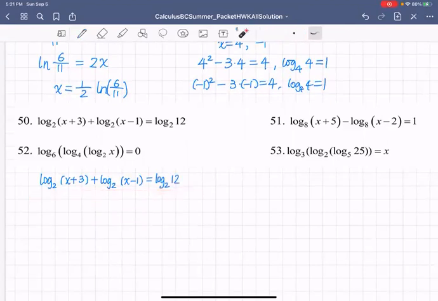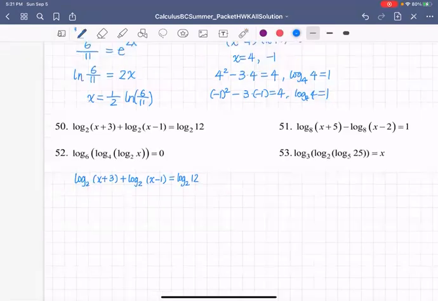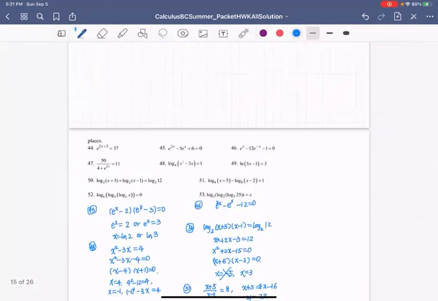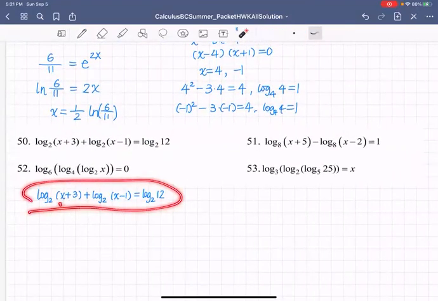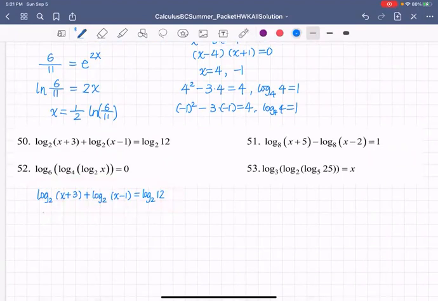How do we do this? If you have the same base for logarithm, there are many properties. When you have the same base, that means log 2 of (x plus 3) times (x minus 1) equals log 2 of 12. Okay?